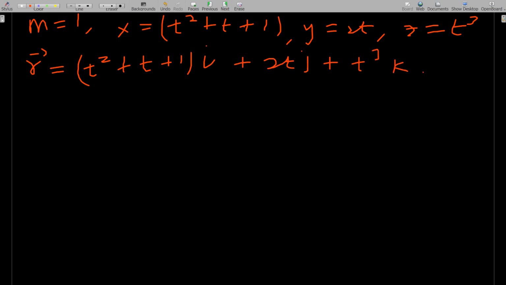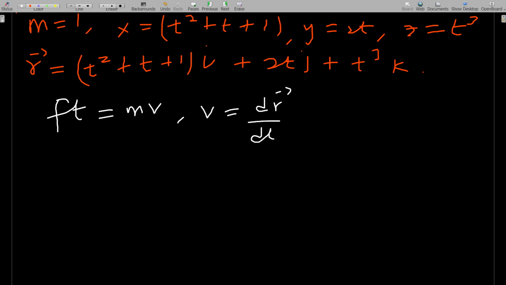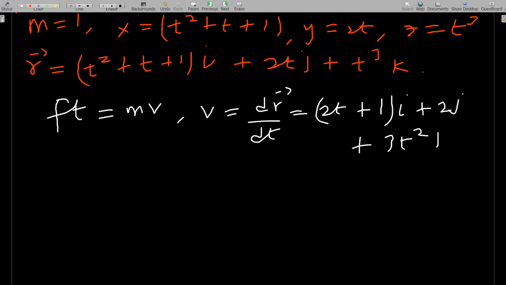That's your position vector. So the impulse, like I said, is somehow the same as the linear momentum. So impulse Ft is equal to m times velocity v. Now the velocity is equal to what? So v is equal to dr/dt, and the differential of r is (2t plus 1) i plus 2 j plus 3t squared k.